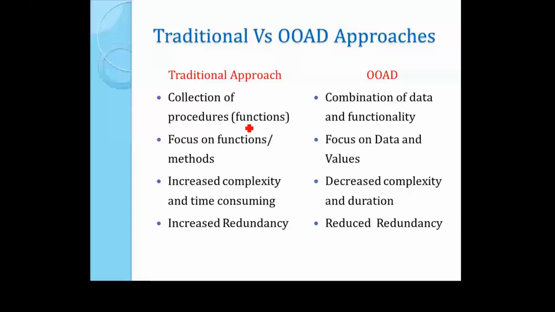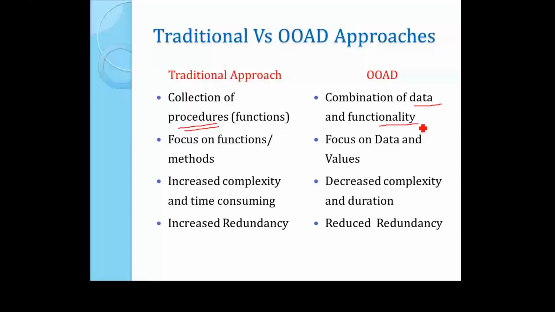For example, if you want to design a calculator, first you will write the aim and design the algorithm, so the algorithm will be given the first importance. But in OOAD, the combination of data and functionality, both will be given 100% importance. Data is comparatively important when compared to functionality. That is the first difference.